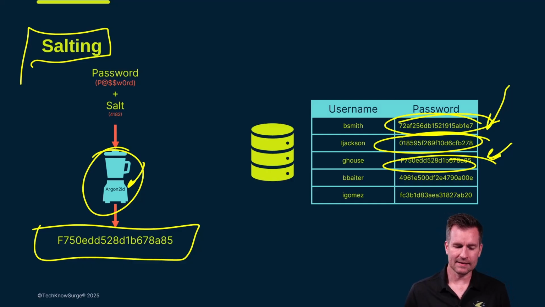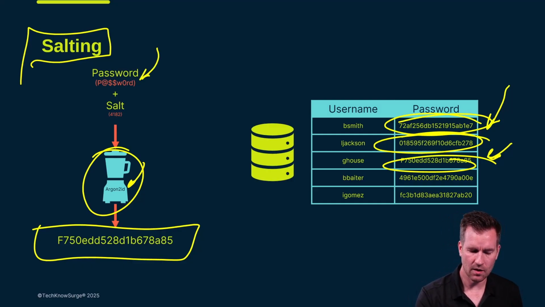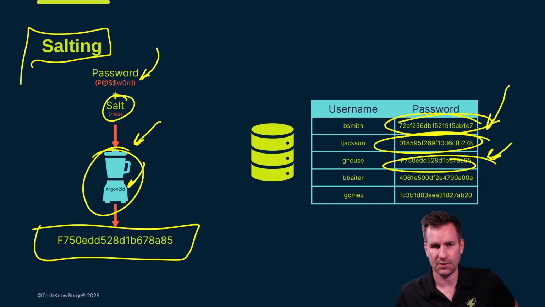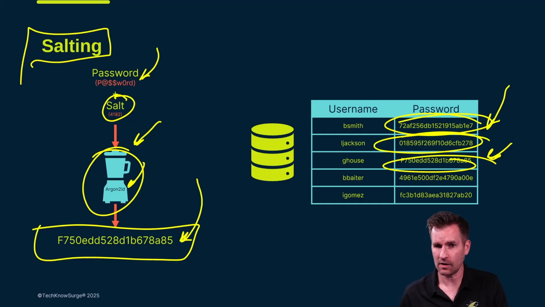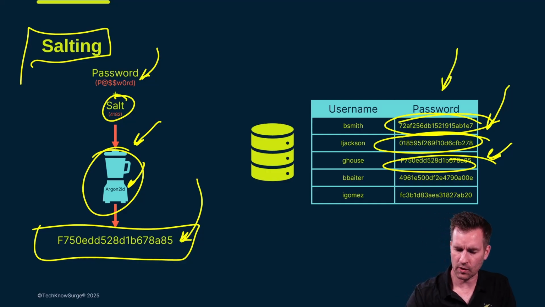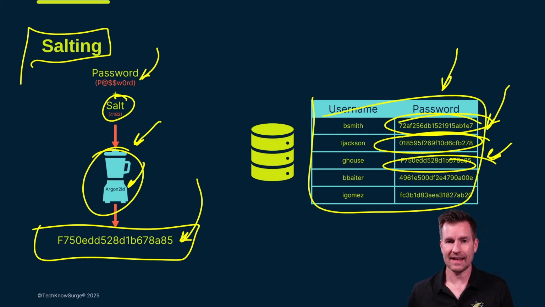So what we do is not only have the password that goes into this hashing algorithm, but we add something called salt to it. When we add salt to it, it creates a very unique fingerprint that's entirely different, and that's what gets stored in this database right here. So now if we have a rainbow table that we pumped all these possible combinations into, it really is not effective if we've used salt.